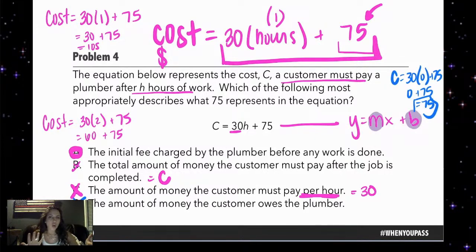But how much they owe the plumber, we don't know if the plumber makes you put down like a $50 deposit and then you pay them the rest when he comes. That would be more what they owe the plumber. In this situation, owing the plumber and the total amount of money the customer must pay after the job is complete is almost synonymous with each other. So we're not really looking at that. All right, let's go ahead and look at problem 5.